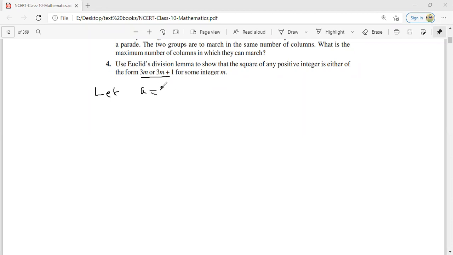So let a be equal to 3q plus r, a positive integer, where r varies from 0 to less than 3. That means the value of r will be equal to 0, 1, and 2.